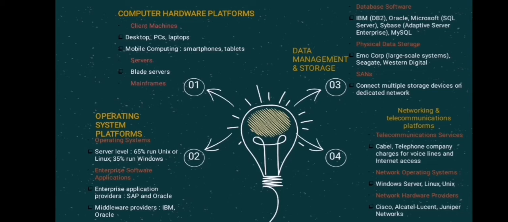Okay, next we go to the operating system platforms. There are operating systems and enterprise software applications. Example for operating system is server level, where 65% run Unix or Linux and 35% run Windows.